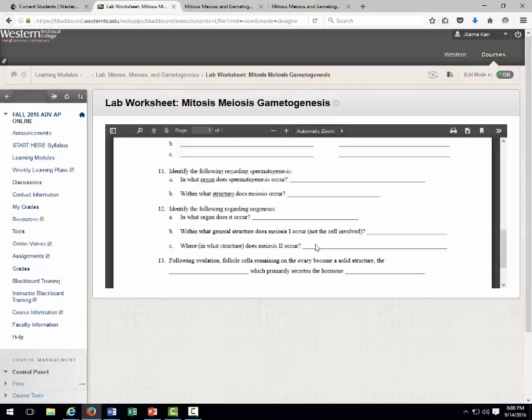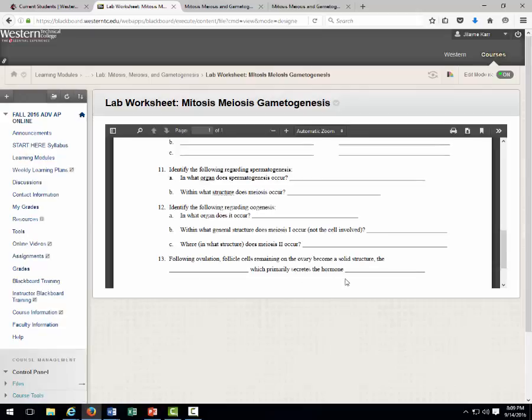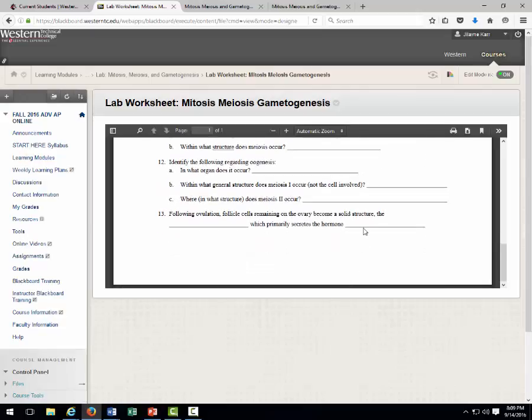This is tricky. Meiosis 2 completes after fertilization, right? So this is asking, where does fertilization occur? Yeah, in the fallopian tube or uterine tube. And number 13, that solid structure that those follicle cells form is called a corpus luteum, which secretes progesterone.